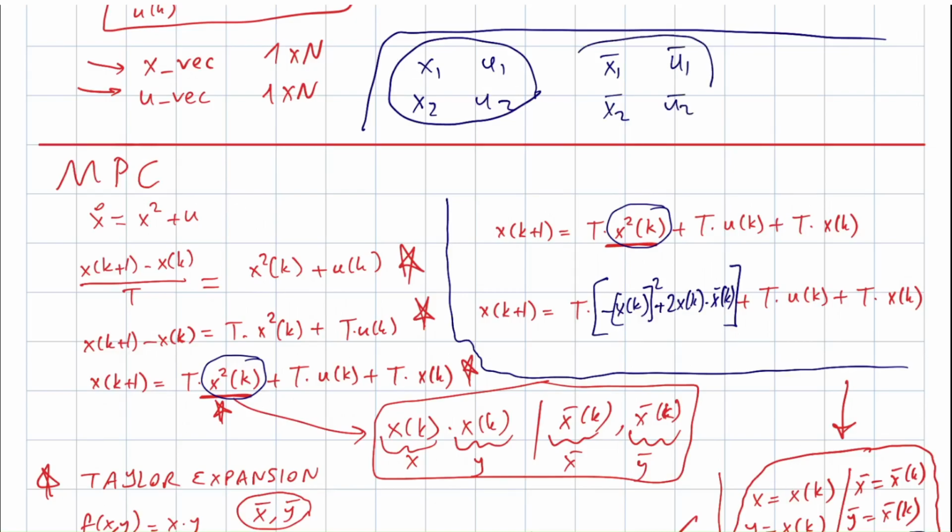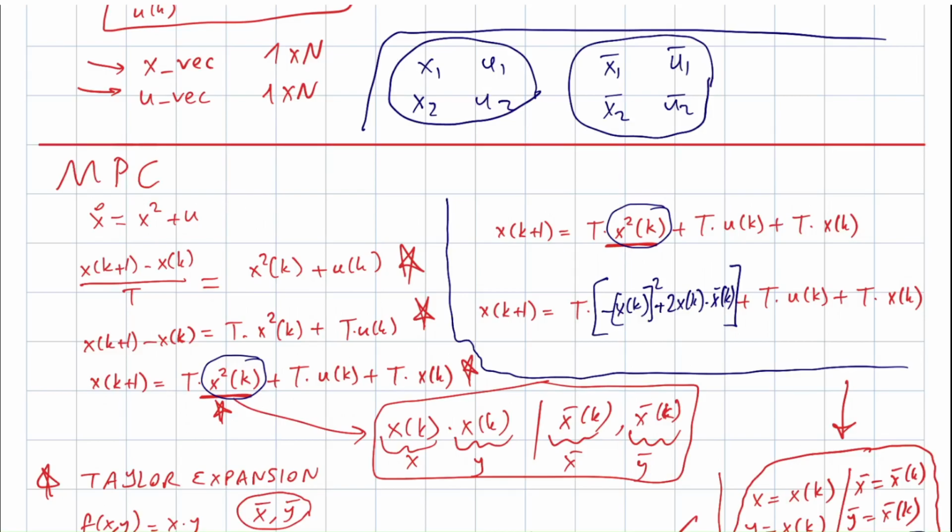So the number of decision variables that you would use to optimize your problem basically doubles, in a way.